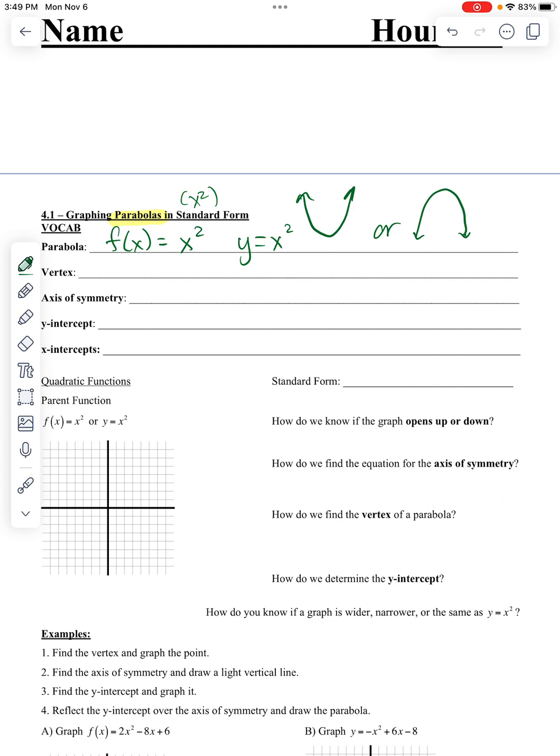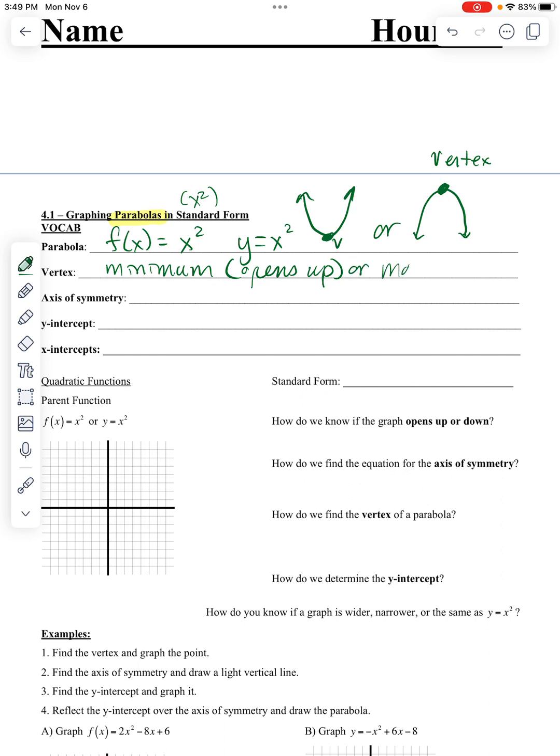So parabolas have certain features. This point where it changes directions, whether that's at the bottom or the top, is called the vertex. The vertex is going to be one of the key points that you have to find. Sometimes that is the minimum, and that's going to happen if it opens up, like in the picture right above here, where the vertex is at the bottom because the parabola opens up from there.